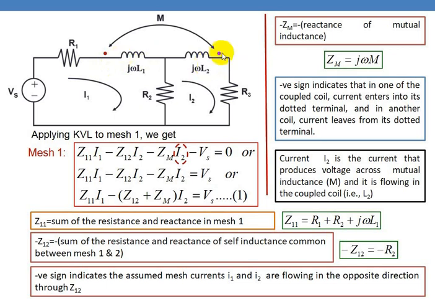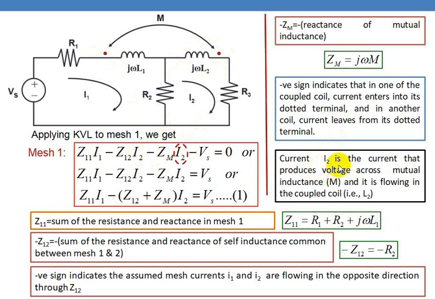There are two coils. For example, you see here, I1 is entering the dotted terminal, whereas I2 is leaving the dotted terminal. So if one current is entering the dotted terminal of one coil and in the other coil the current is coming out from the dotted terminal, then you have to write a minus sign.